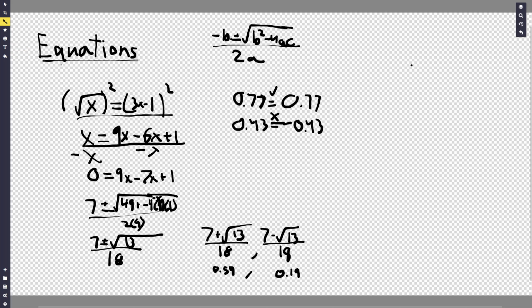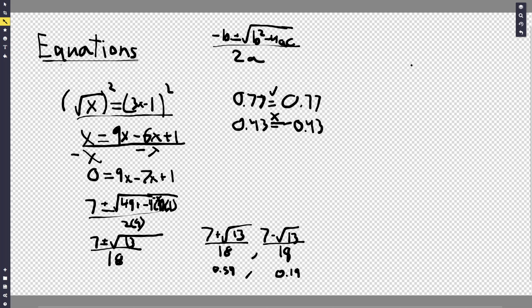But if I were to take the square root of them, 2 is not equal to negative 2. So when you square numbers, some of that information about positives and negatives is lost. That's why you should always be careful when working with square roots. As I said before, there are some solutions that you get that will not work for certain equations. These are called extraneous solutions.